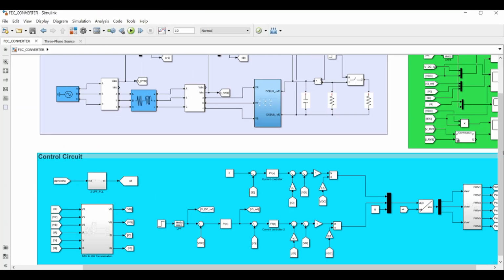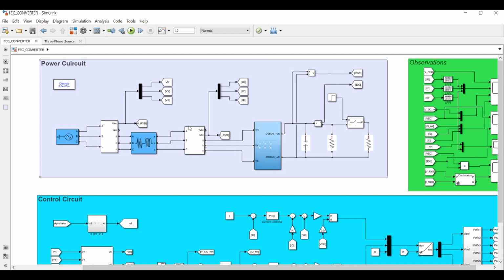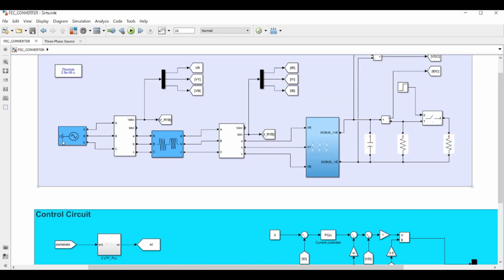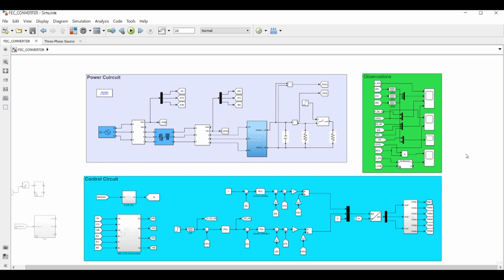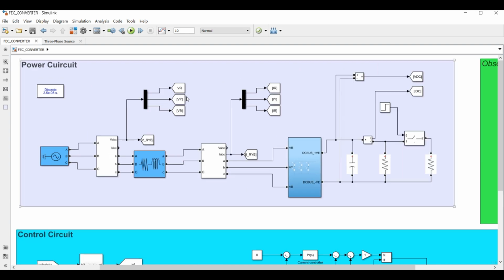This is the MATLAB simulation of this whole block. This is the power circuit, this is the control circuit, and this is the observation block. In the power circuit, this is the supply voltage.